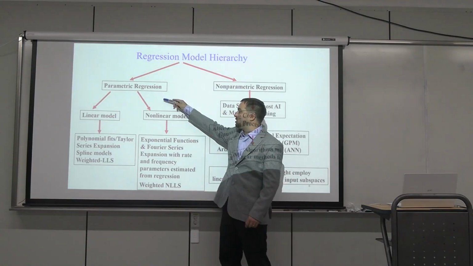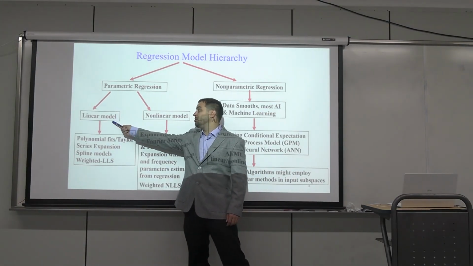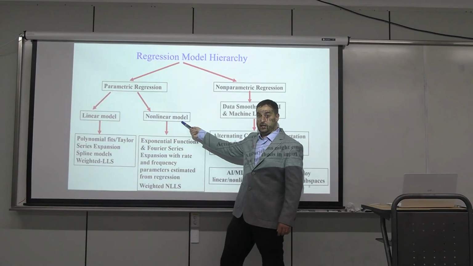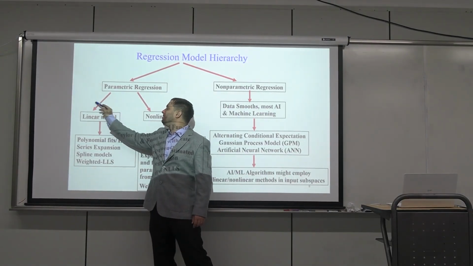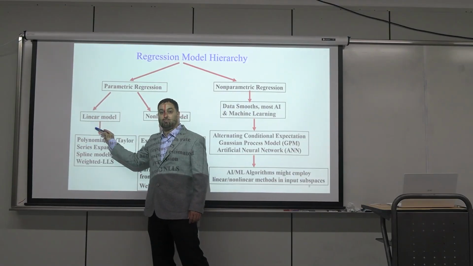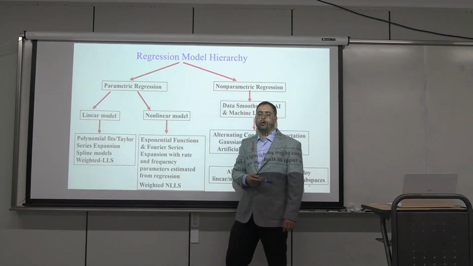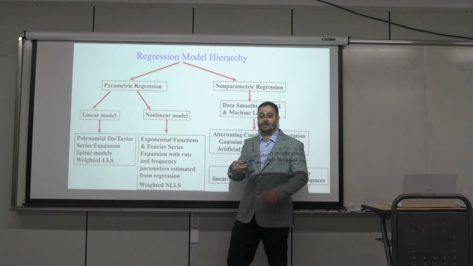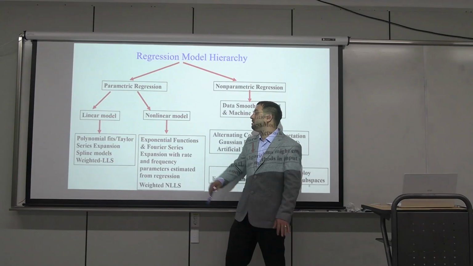Parametric regression we can further subdivide into linear models and nonlinear models. By far the linear regression models probably account for well over 80% of the regressions that have been performed historically since the 1800s.